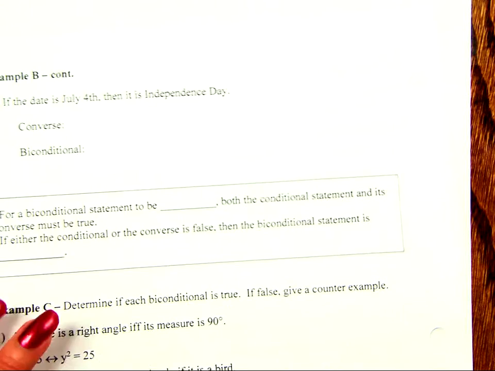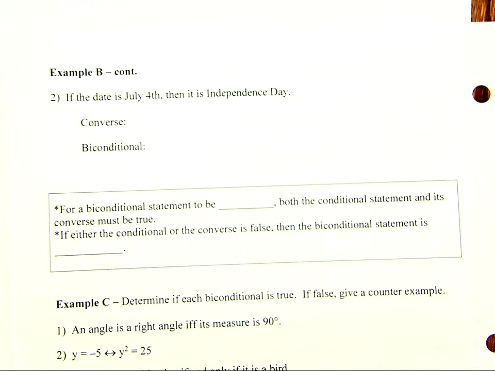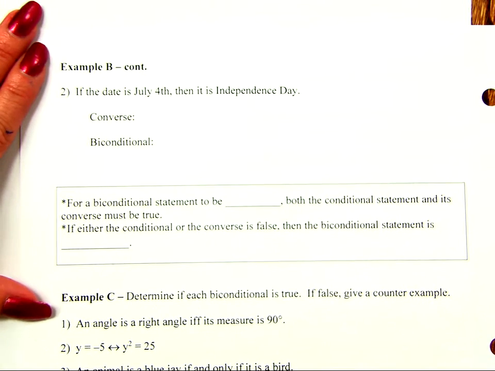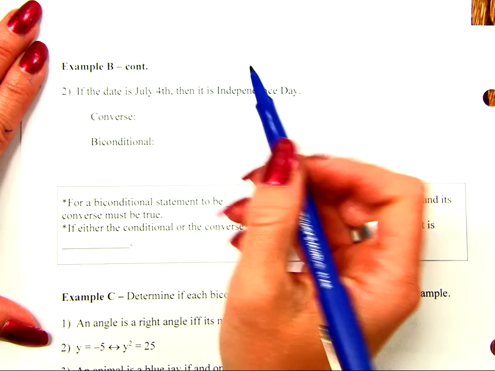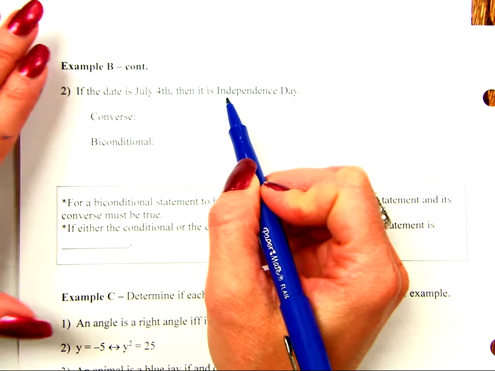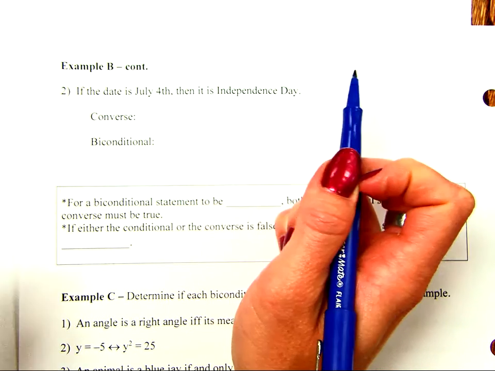As you flip your paper over, example B on the back, we're doing more of the same. Here my conditional states that if it is July 4th, then it is Independence Day. We know the converse would simply be switched around: if it is Independence Day, then it is July 4th.